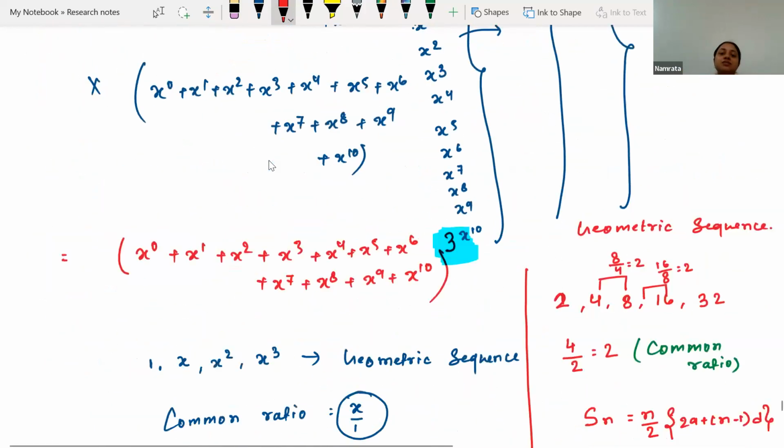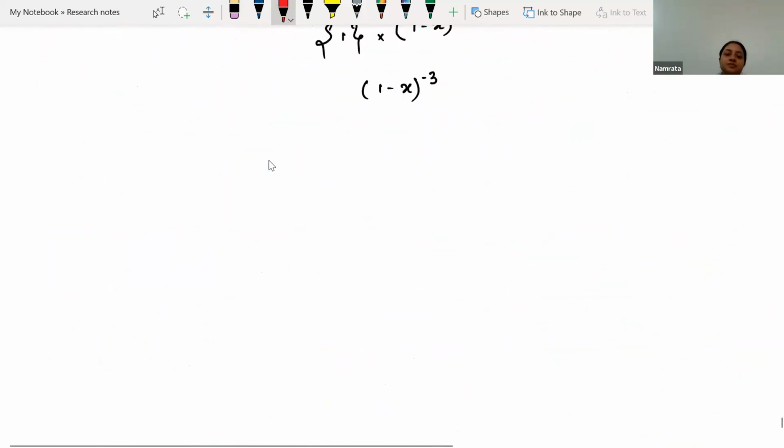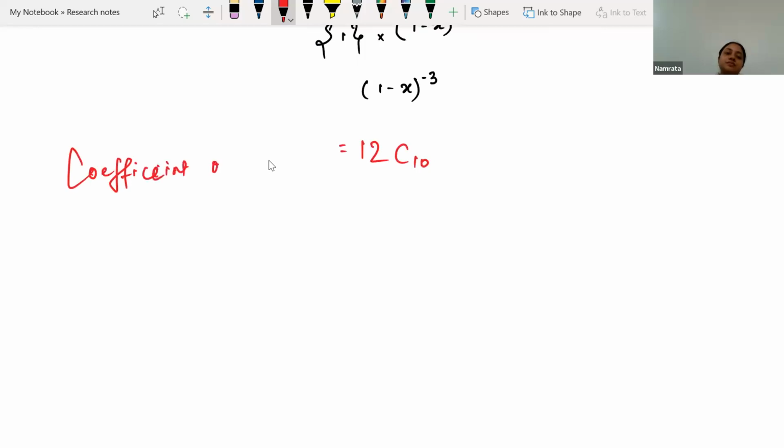So 12 C 10 we have over here as the coefficient of x to the power 10. That is our final answer. We just have to do the calculation now, the combination calculation, that is 12 factorial by (12 minus 10), that is 2 factorial, times 10 factorial. Yes, ma'am, just a moment.